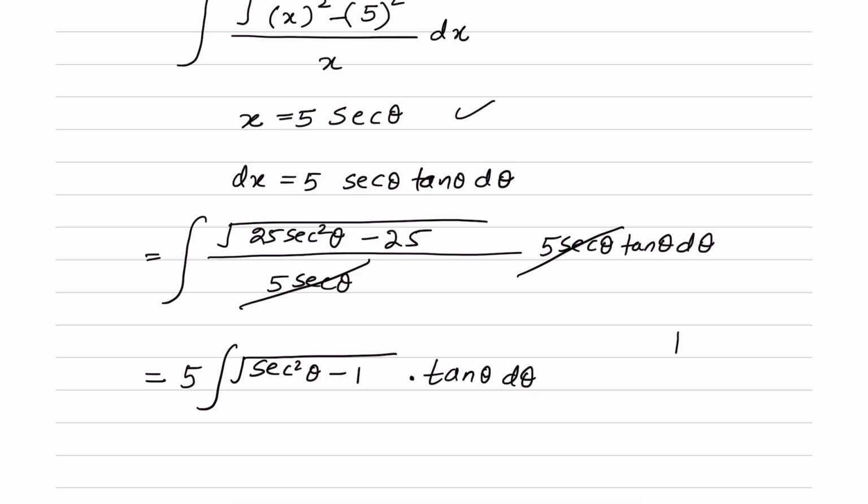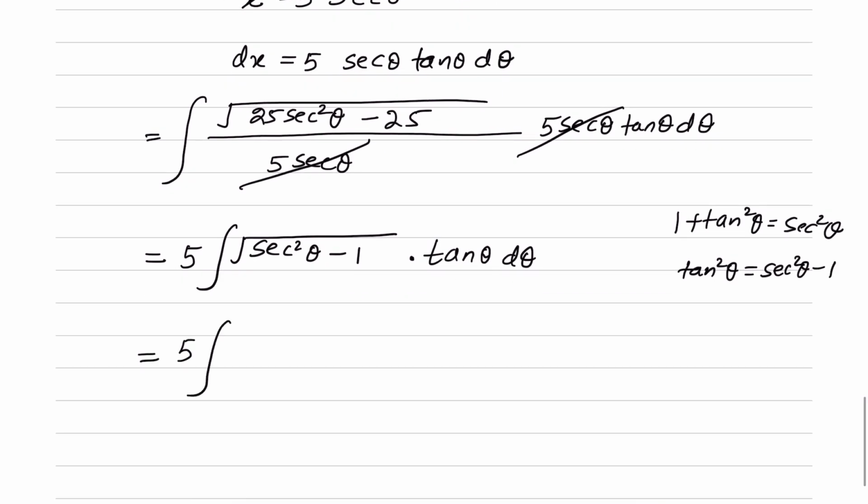You know this identity, 1 plus tan square theta is equal to secant square theta. So tan square theta is equal to secant square theta minus 1. By this identity, secant square theta minus 1 is tan square theta under the square root, times tan theta d theta.